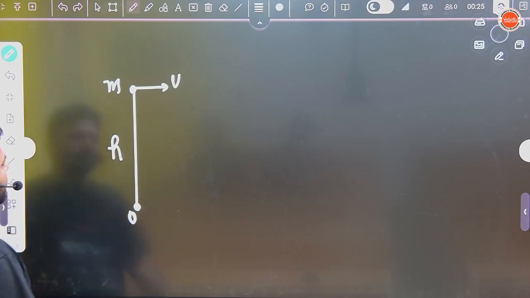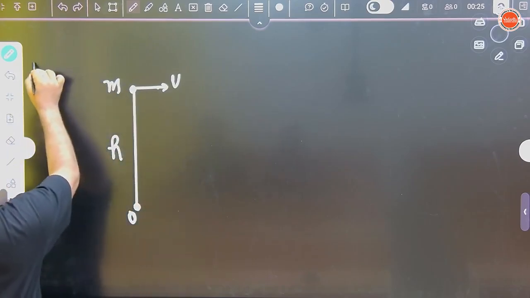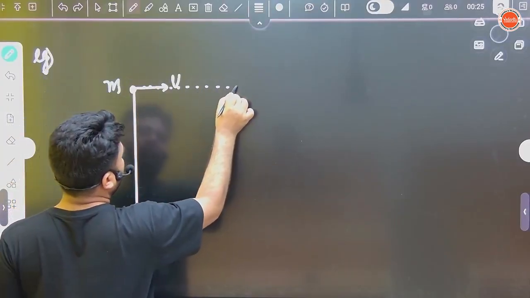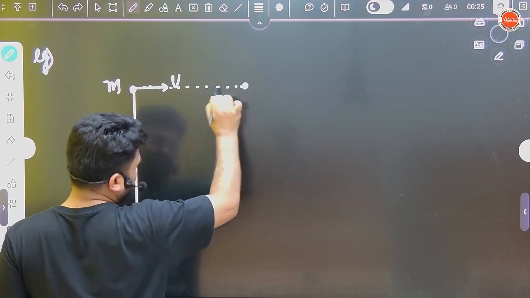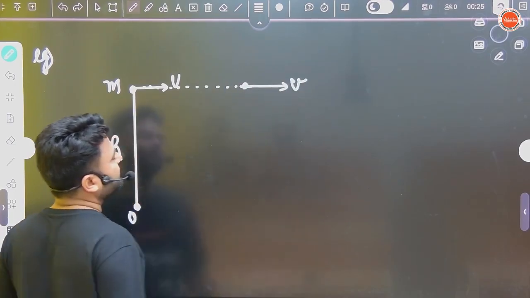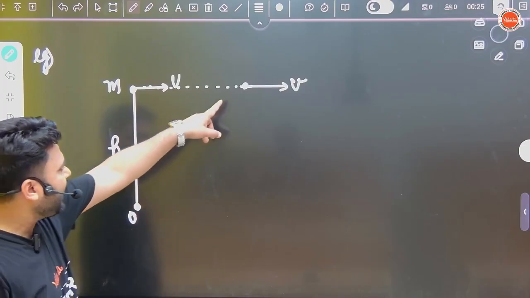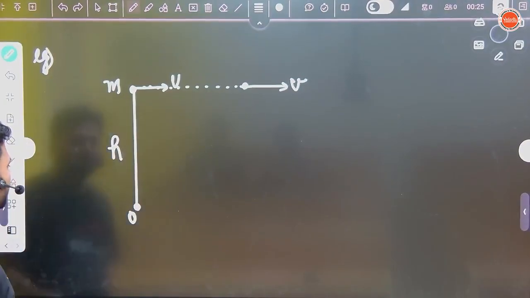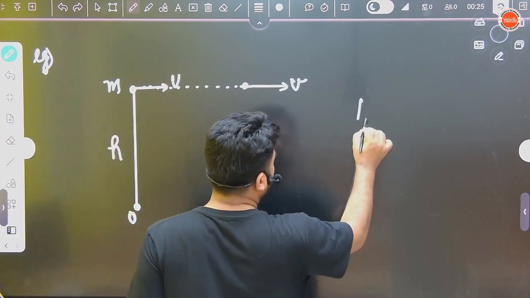When the object reaches this point, it is still moving, its velocity is constant, so v only. What is its angular momentum about point O? Try to listen.